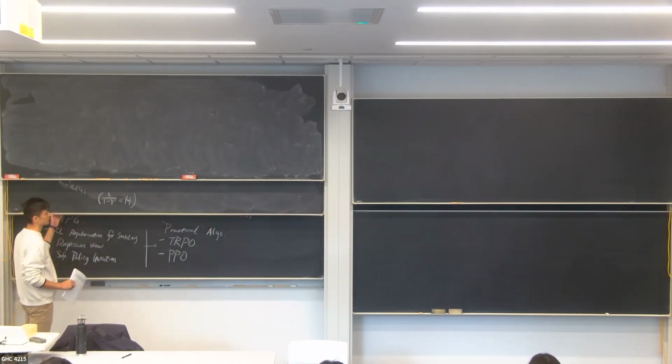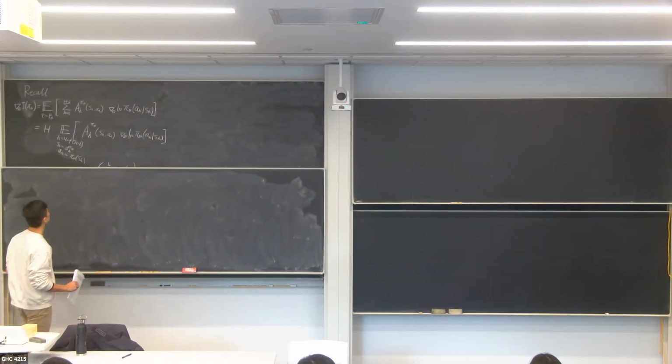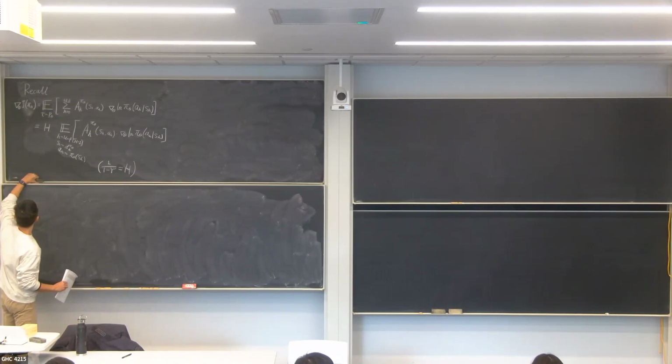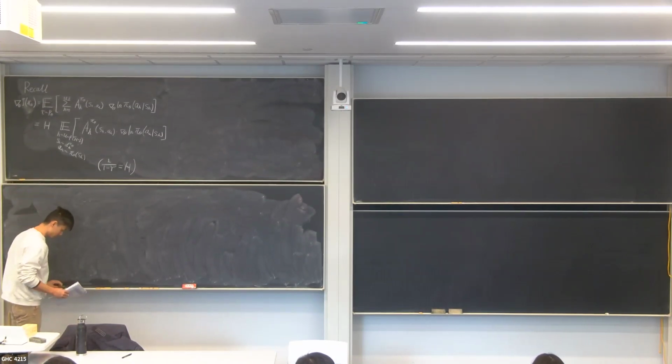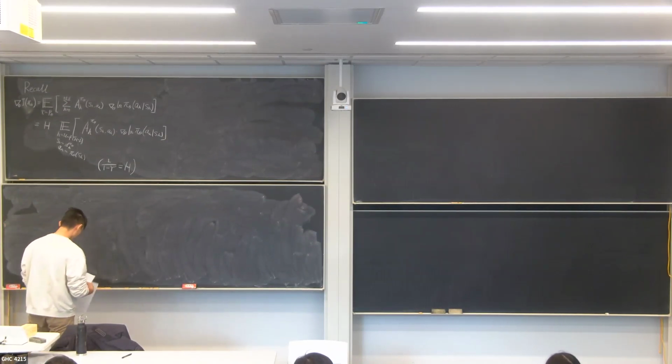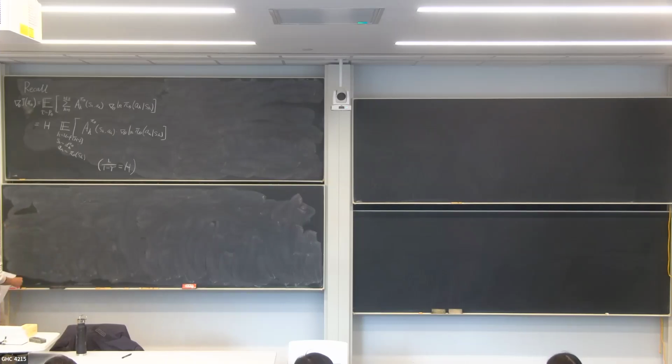All right, so what's going on in policy gradient? Okay. The policy gradient update looks like this, right? I want to get to a new parameter that just adds some learning rate times the gradient.